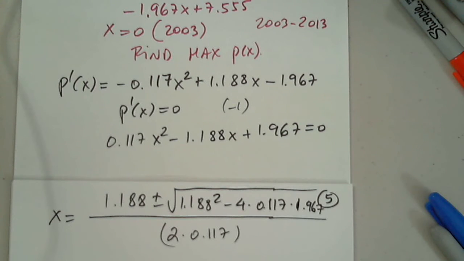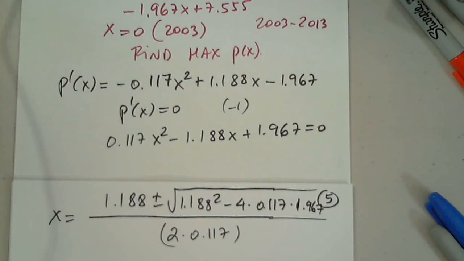Okay, so I'm going to share my screen. So the parentheses first, I meant to say: 1.188 plus the square root, now parentheses, 1.188 squared, and then minus 4 times 0.117 times 1.967.